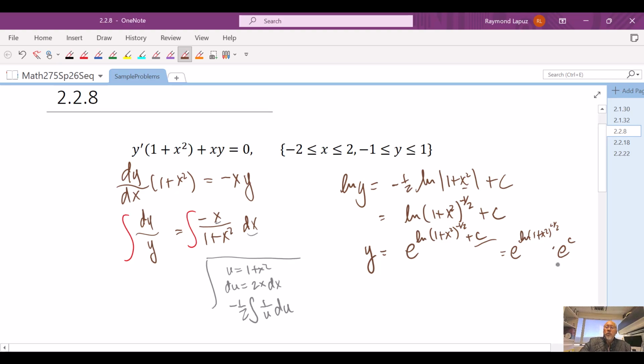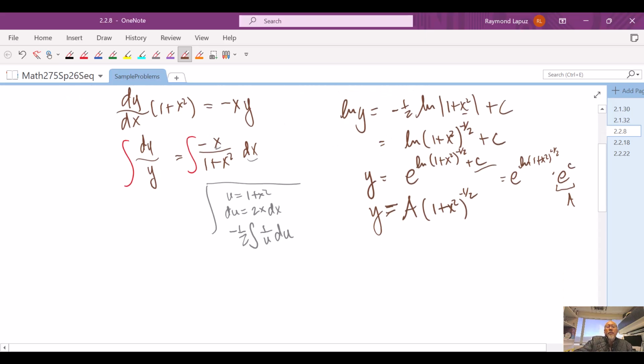So we'll treat this and maybe just call that a. So your general solution, y is equal to a times (1 plus x squared) to the negative 1/2 power.